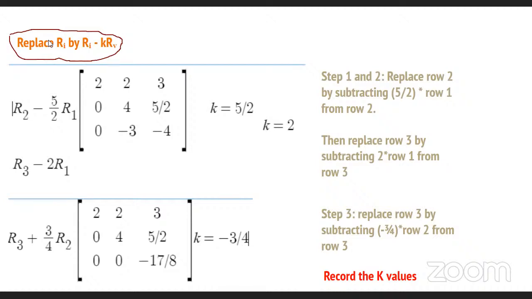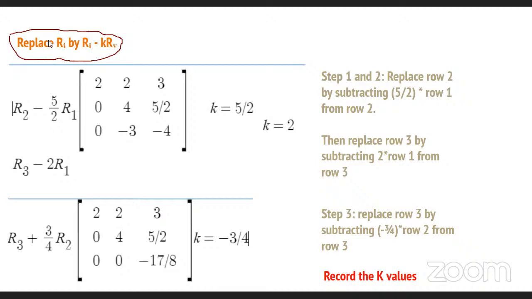Let me explain this better. Ri is any random row, Rv is any random row, but the K that is beside the Rv is the number that is used to get the result we want in that step.